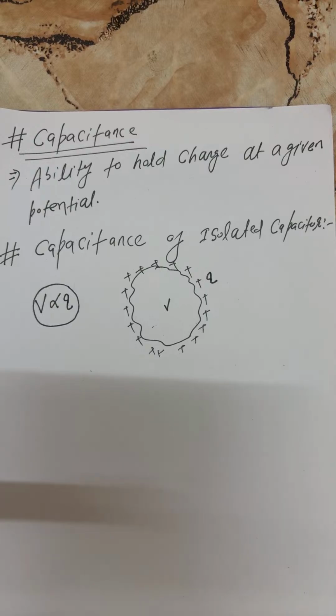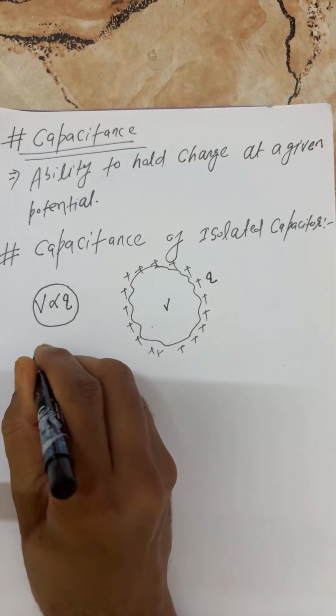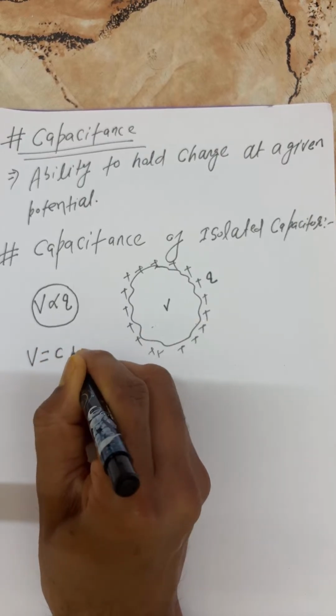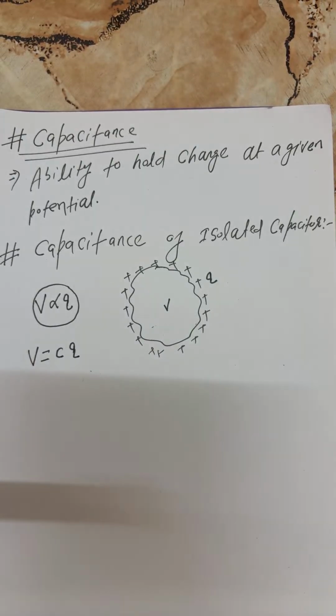So students, one thing I wanted to tell you, beta, anywhere in physics or maths or chemistry as well, if you are getting a proportional sign, we have to remove this proportional sign. So here I'm writing, my kids, V is equal to C times Q. Here C is what, beta?